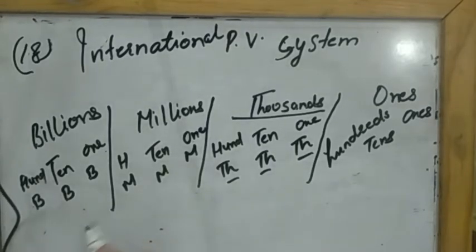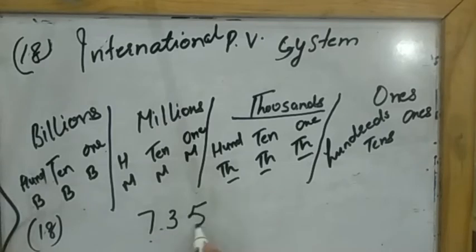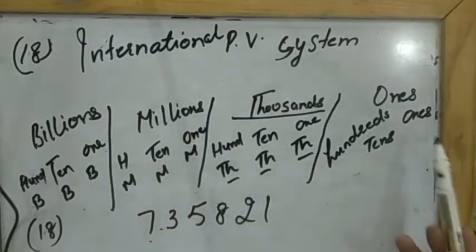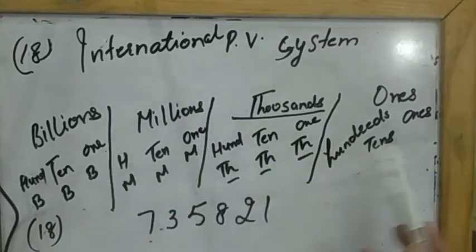Now in the 18th question, the first number they have given you is 73581. They are asking you to first put the commas. In the international system, because every period has 3 place values, we put the commas after every 3 digits. I start from the last: 3 digits, put a comma. If there had been more digits here, after every 3 digits put a comma.